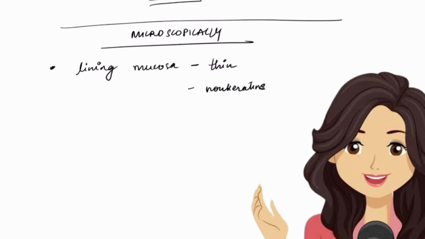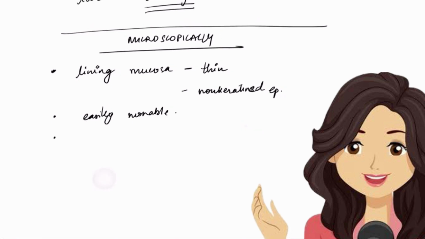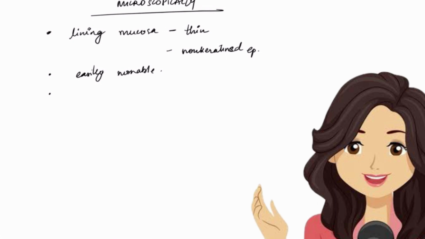That is the main feature, and it is easily movable also. So you need to have a good idea of the length, the form, and the movement present in the mucosa to make an effective denture.